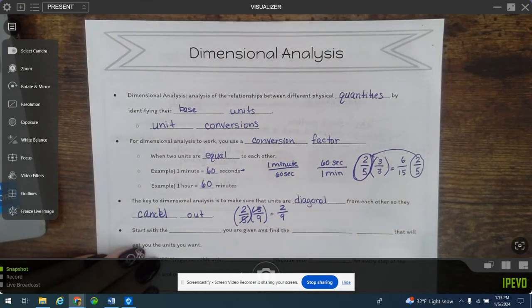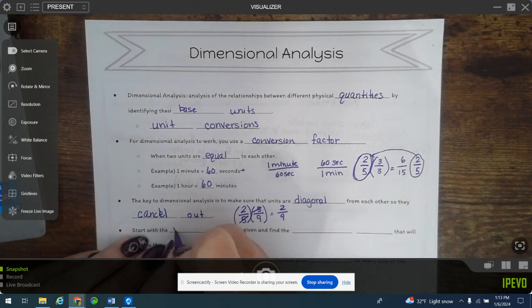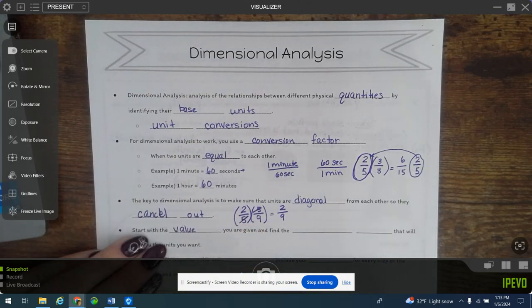So what we'll do is start with the value. When you're doing these problems, you're going to start with the value that you are given in the question.